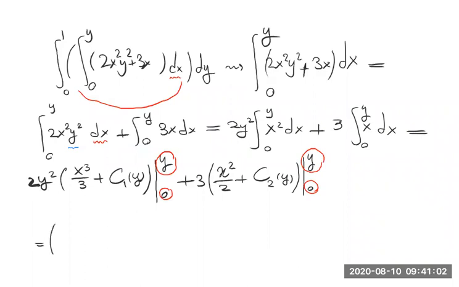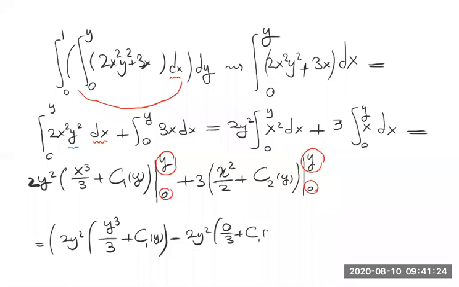So here we get 2y squared, x cubed, which instead of x we write y, it would be y cubed over 3 plus c1 of y. And then we should subtract 2y squared. Now we should plug in 0. So it would be 0 over 3 plus c1 of y.